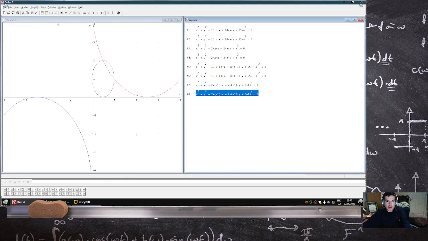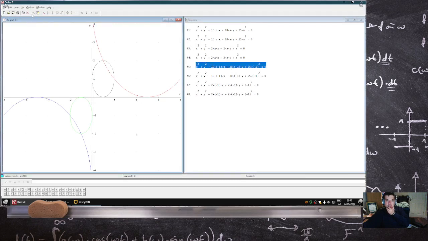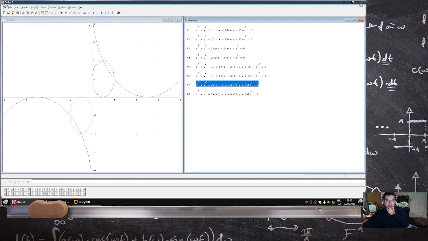That's wrong. And that's right. That's wrong. Right. So not all four are correct. Then the issue becomes, how do we know without graphing?